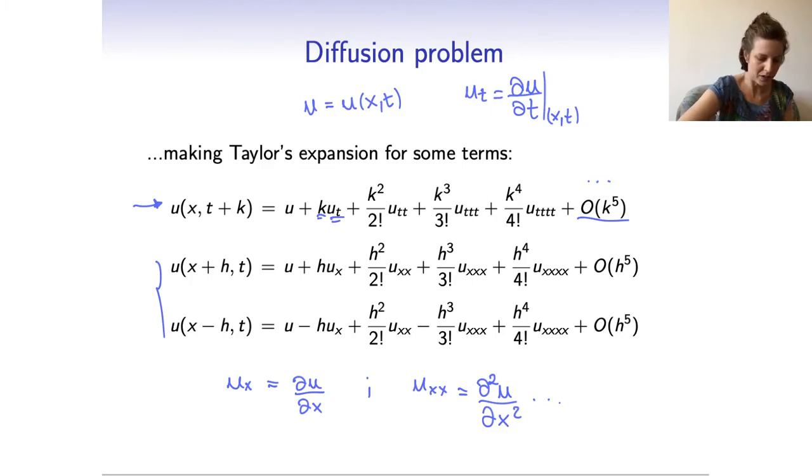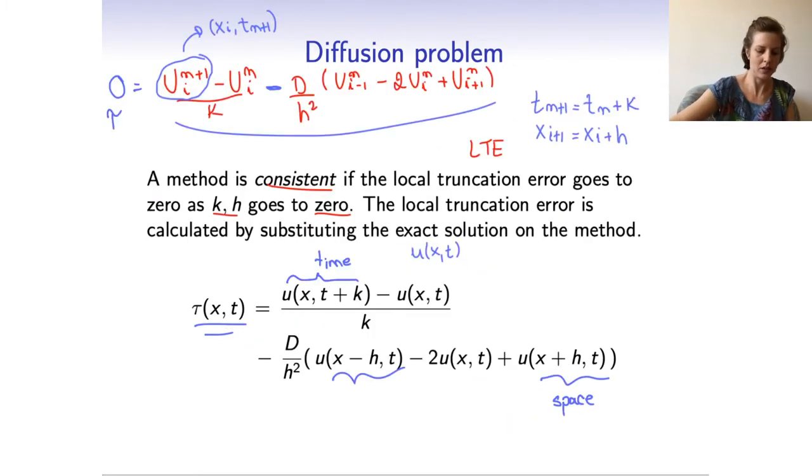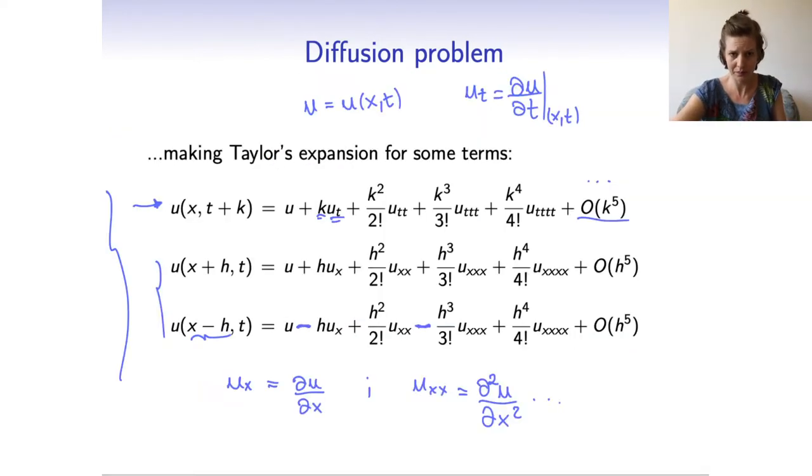And observe that here we have this minus sign for the odd terms. Okay. Now we are going to substitute these three expressions in the local truncation error formula.